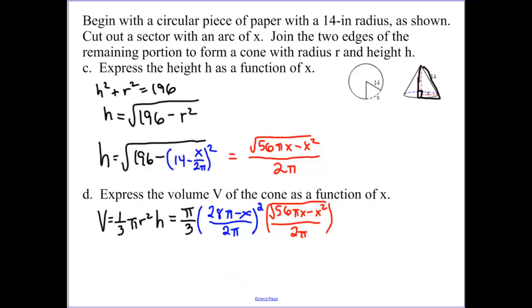Now simplifying that out a little bit. Distribute the squared to this top piece, but don't multiply it through. Don't FOIL that out. Leave the square root intact also. On the bottom, now what would the bottom simplify to?